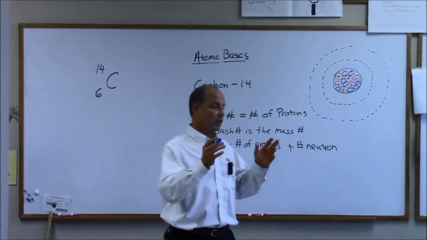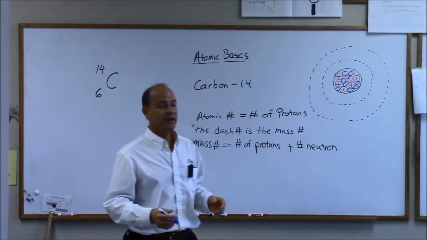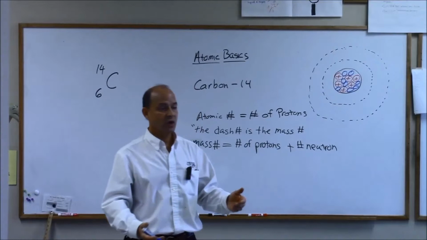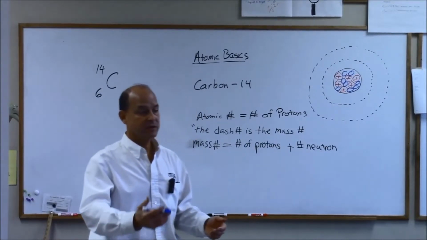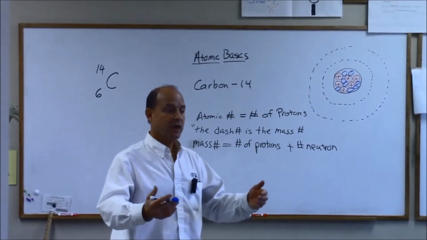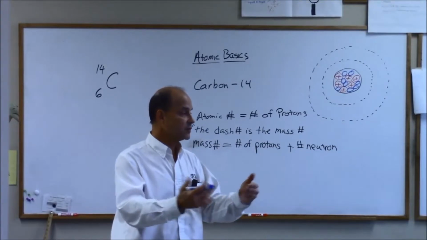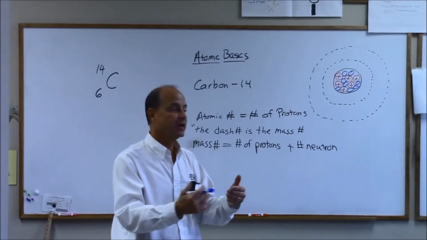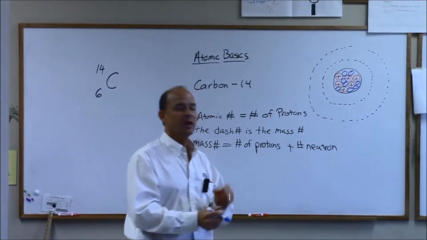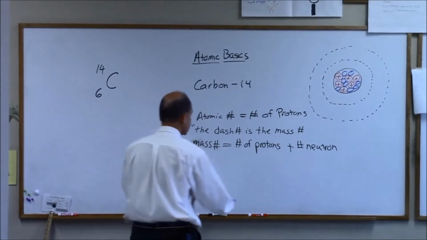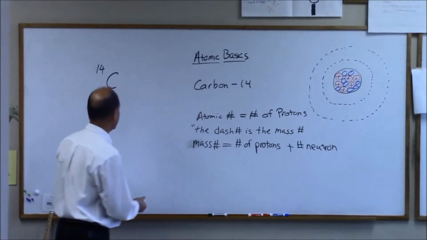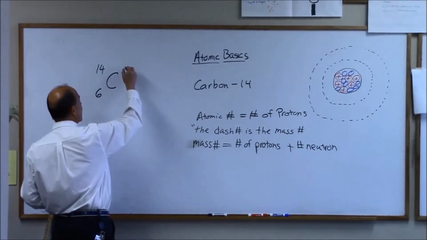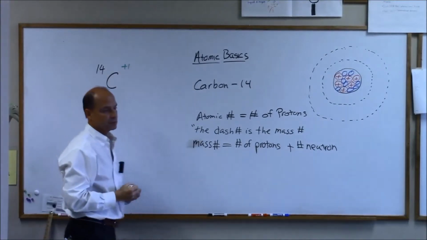Because protons have a positive charge, and electrons have a negative charge, right? So if I have as many positive particles as I do negative particles, then the sum of those opposite charges will negate each other, right? They'll equal 0, 0 charge. But I want to make today a little bit more interesting. I'm going to switch over to my green pen, and I'm going to write a charge of +1.